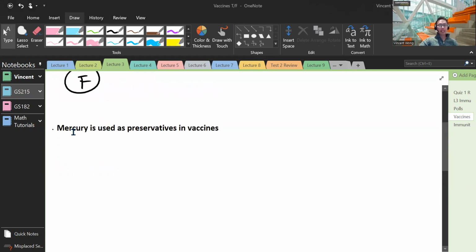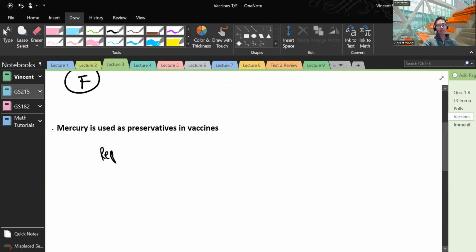So yes, sometimes it is actually used, for example, in a repeat vial, like the flu shot. They have a vial where you would draw the vaccine from using a needle, 10, 20 times, and give it to 10, 20 people.